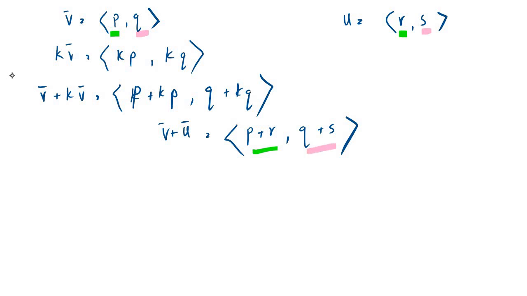Same thing happened here as well. We took P and KP and added them. Then we took Q and KQ and added those two values.